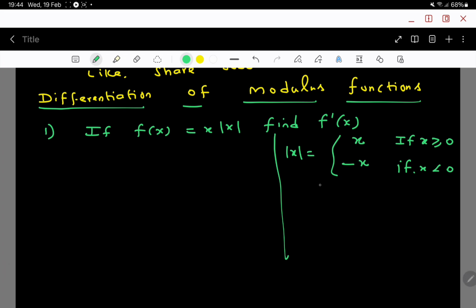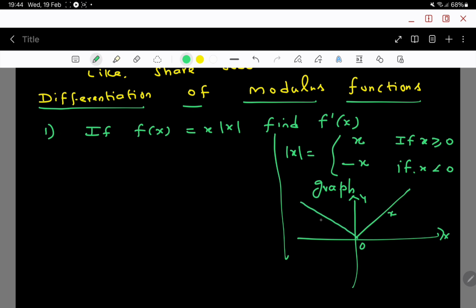Now we draw the graph for this mod of x. So x-axis and y-axis, this line is called plus x. Okay, this is origin here. This line is called minus x.